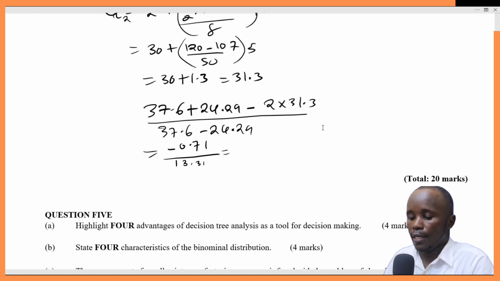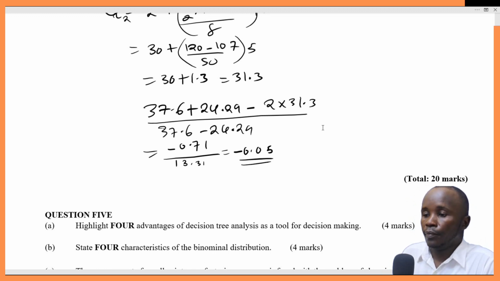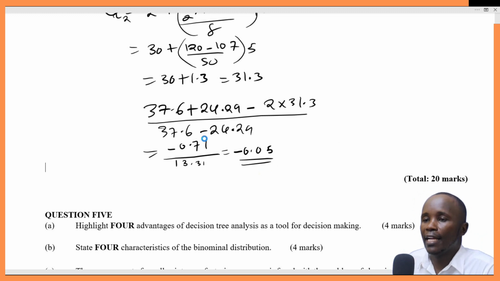What is the answer here? Negative 0.71 divided by 13.31 is negative 0.05. So the distribution is negatively skewed.